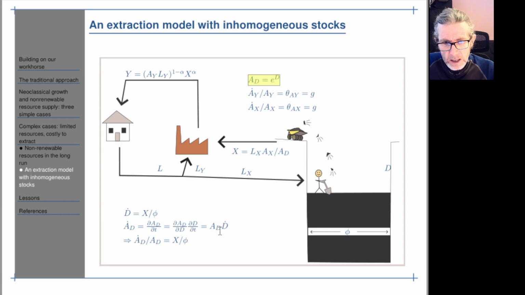And this is d dot. So AD dot is AD times d dot. In other words, the rate of increase of AD is d dot, which is x over phi. Right. So what happens? And I'm going to take a quick pause.